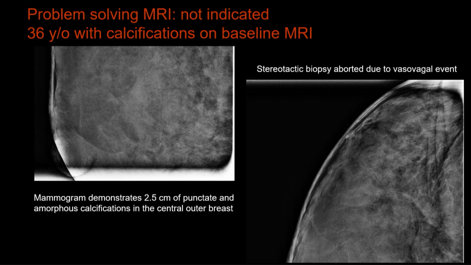This is another example where breast MRI is not indicated. 36-year-old woman with calcifications on her baseline MR. They don't project very well, but there is 2.5 centimeters of punctate and amorphous calcifications in the central outer breast. The patient has a vasovagal, and the stereotactic biopsy is aborted.